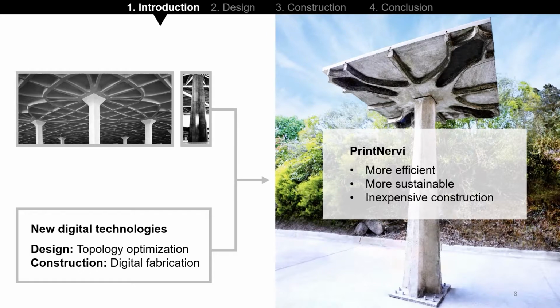In detail, we use the topology optimization method to redesign the geometry for enhanced structural performance. We also use digital fabrication methods, including 3D printing and CNC machining, to automatically manufacture parts required during the construction. Together, we can achieve a new floor system that is more structurally efficient, more sustainable and less expensive in terms of construction.